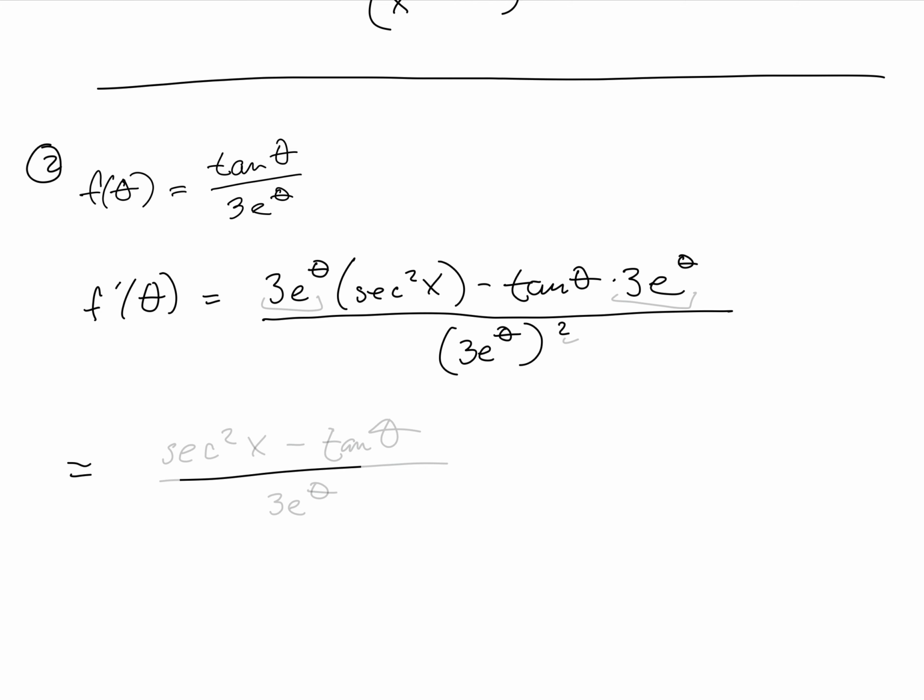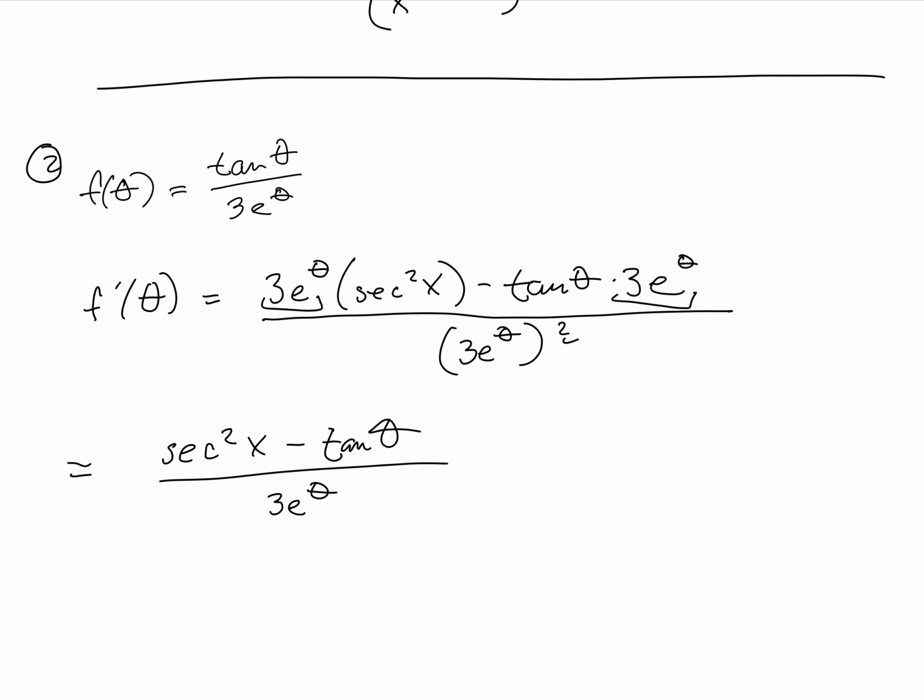So we could rewrite that: we've got a 3e to the theta and a 3e to the theta that can cancel with one of those 3e to the thetas. So we've just got secant squared theta minus tangent theta, all divided by 3e to the theta.